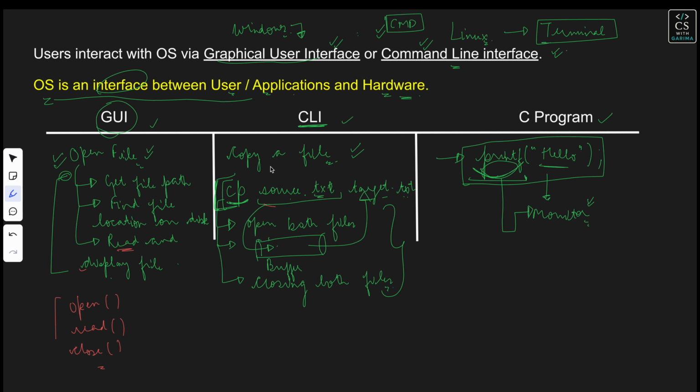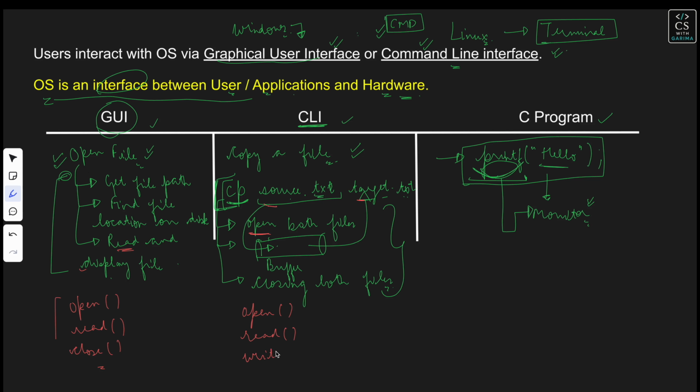In the example where we copy a source file to a target file, the system calls involved would first be open, to open both the files in memory. Then the read system call to read from the source.txt file.